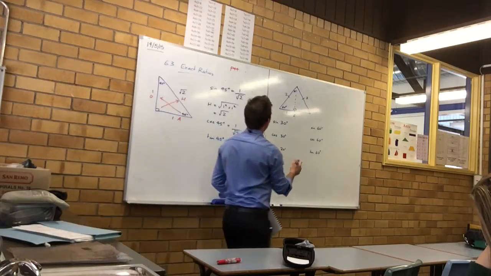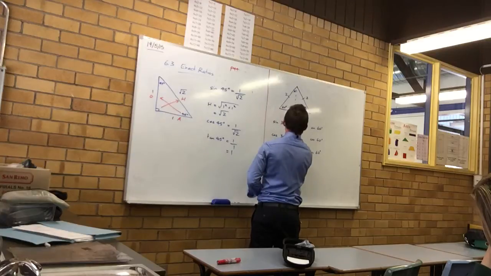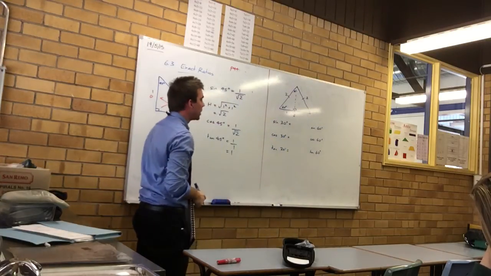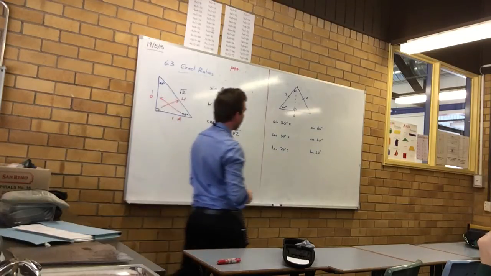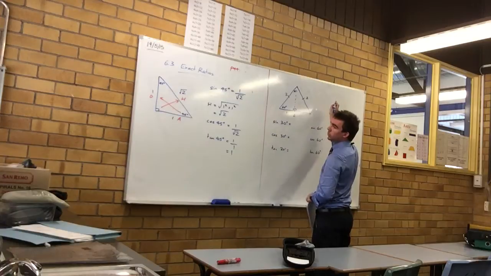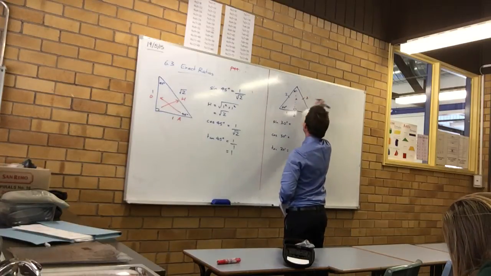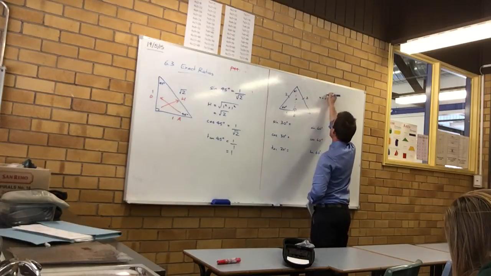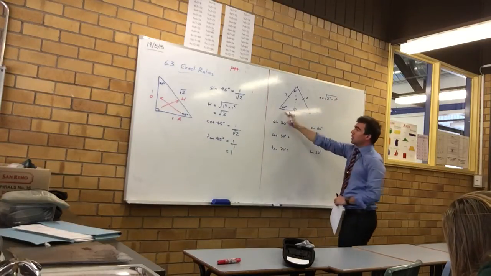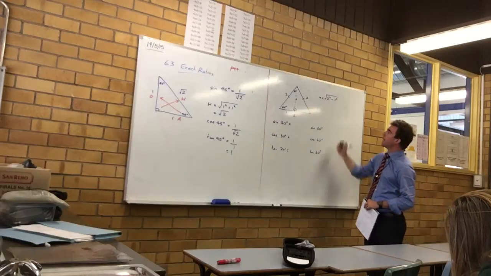We also need to work out how long this dotted line is, so there's another application of Pythagoras' theorem. Let's call it x. So x is going to be the square root of the hypotenuse squared, 2 squared, take away the other shorter side squared.